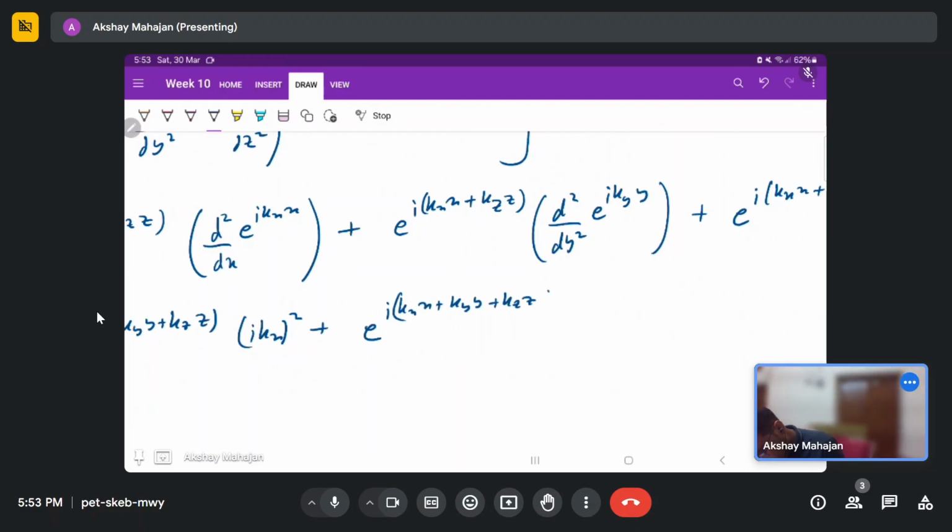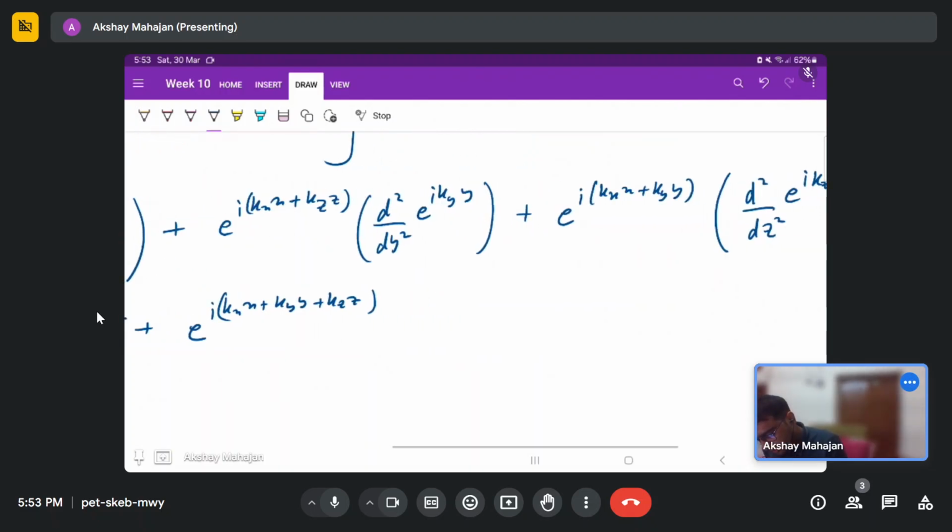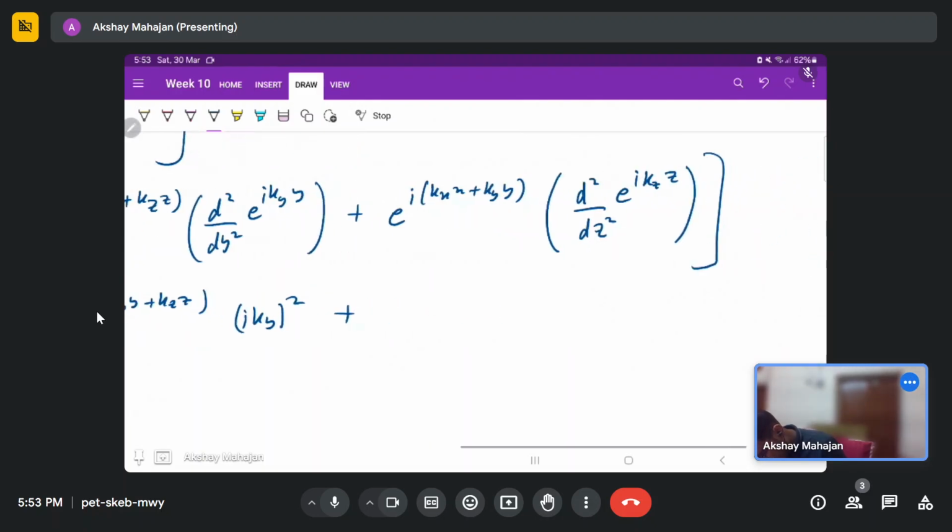Because e to the power iota ky y gives iota ky times e to the power iota ky y, and then again differentiating gives (iota ky) whole square times e to the power iota ky y, plus e to the power iota (kx x plus ky y plus kz z) times (iota kz) whole square e to the power iota kz z.